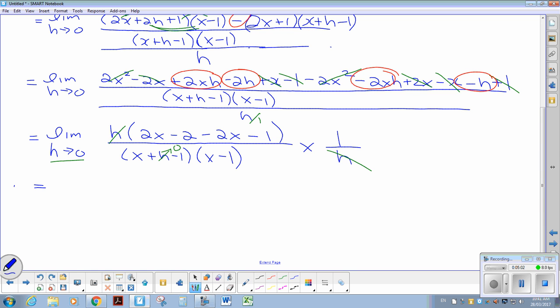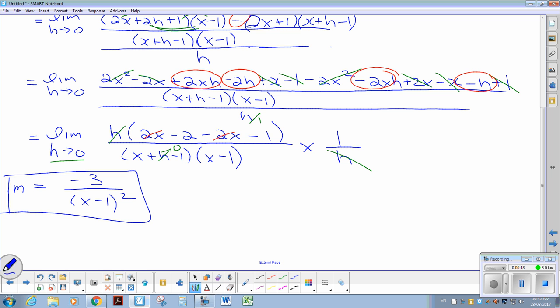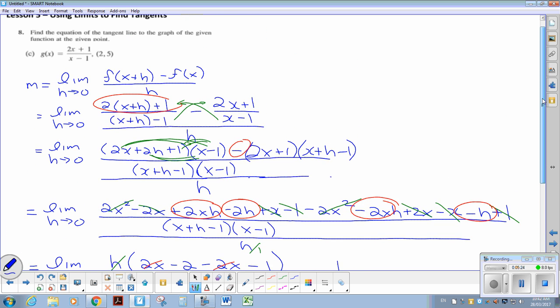And simplify. So my slope is going to equal, on top, 2x's cancel. I'm going to have negative 3 on top, and on the bottom, I'm going to have x minus 1 squared. So that is my slope for that expression. And like I said, the rational ones are always the more challenging ones, so that's why I picked that one to do.